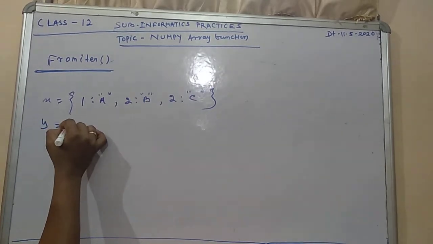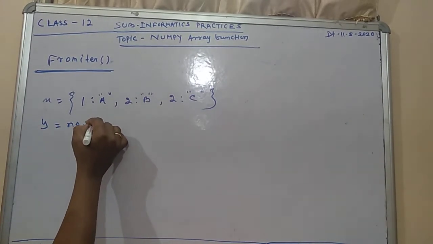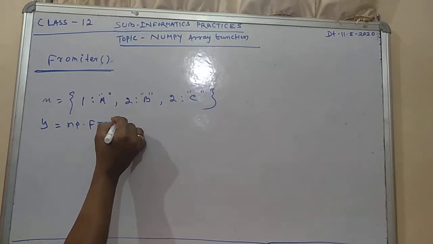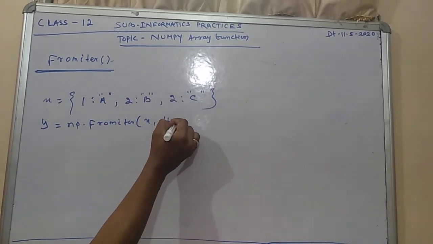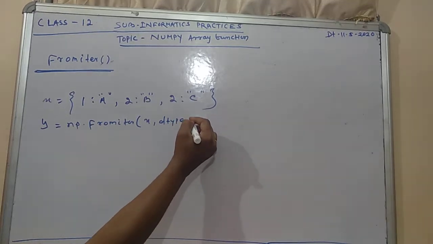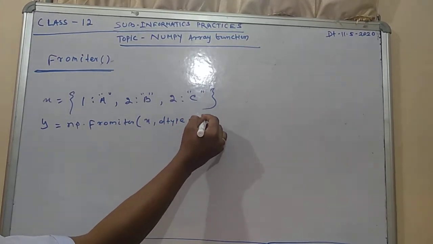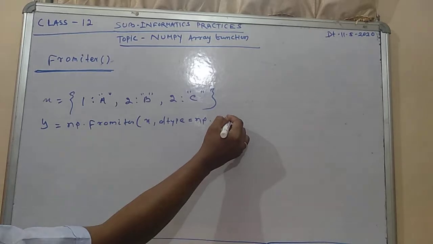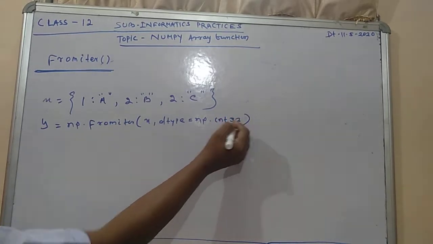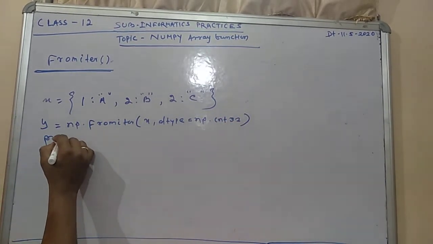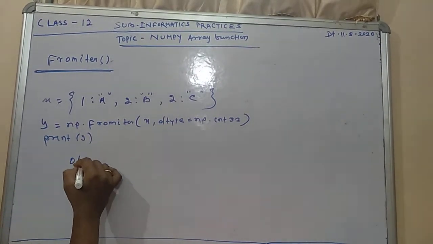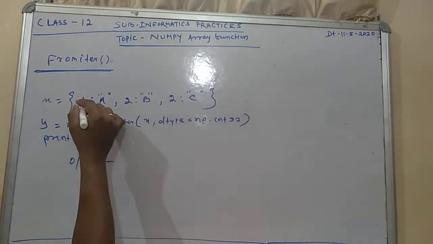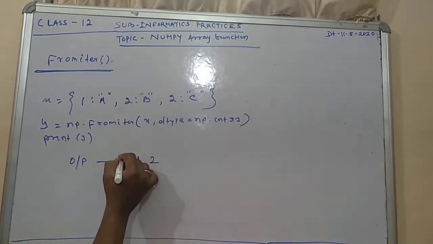Same thing, suppose y equal to np dot parameter function is started, x comma dtype equal to np dot int32, the question. So print y. What are we getting? The output will come: 1 and 2, 1 and 2.